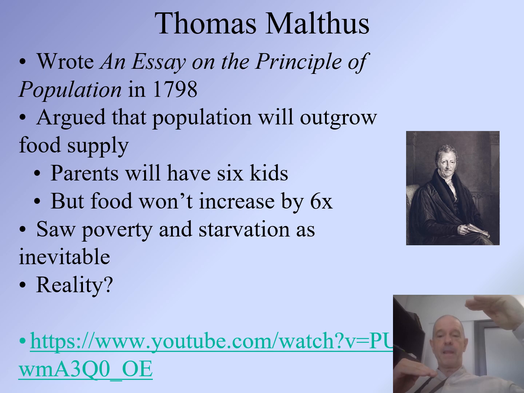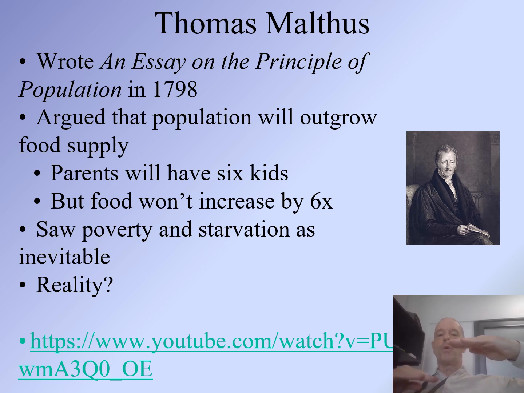Here's the problem. The average British woman was having 6 children. So 2 parents, 6 children, 36 grandchildren, 216 great-grandchildren, 1,300 great-great-grandchildren. Do you see what's happening here? Food supply is growing steadily and slowly, Thomas Malthus said.